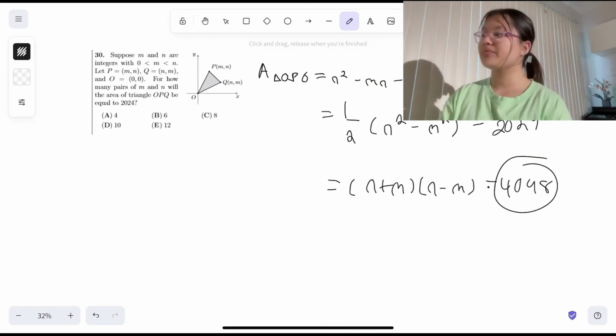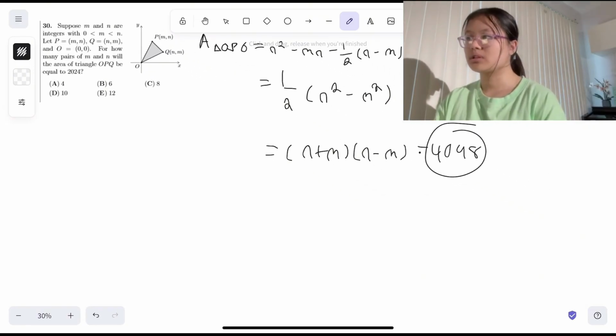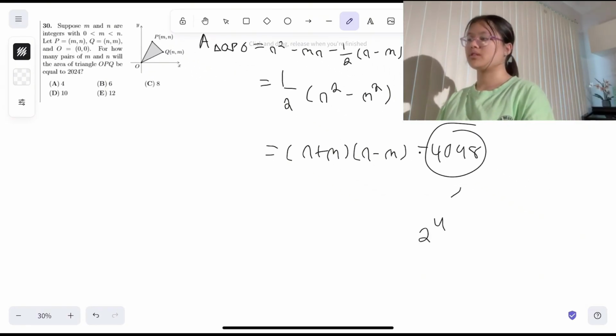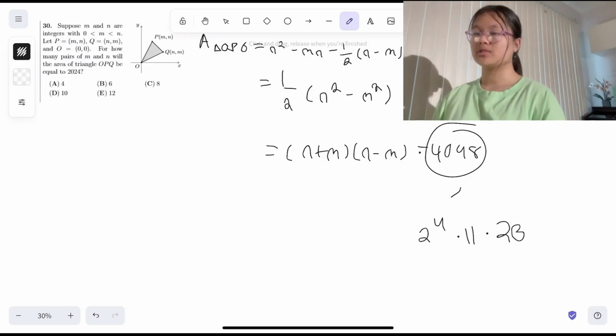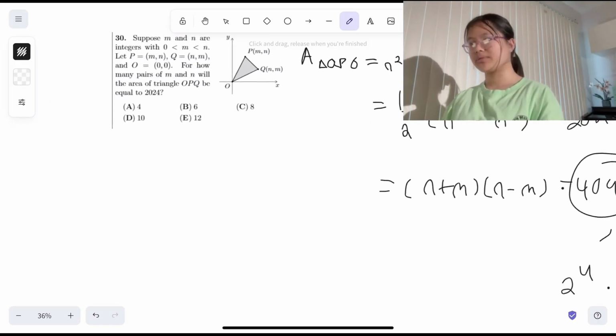So we'll do prime factorization to represent it as a product of 2 even numbers. It is 2 to the power of 4 times 11 times 23.